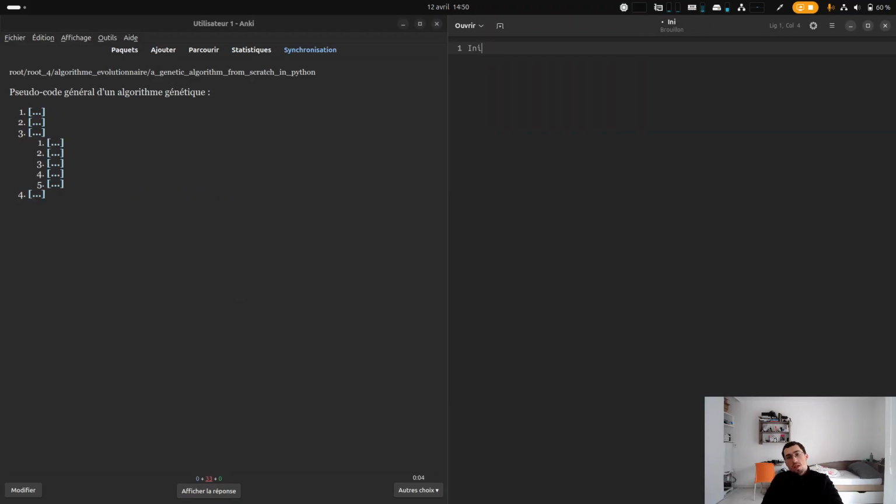Ooh, the whole algorithm. So you initialize the population first, evaluate this population, while your NFE is below the threshold, a budget, you have selection, combination, mutation, evaluation, replacement, and then you return the best individual.